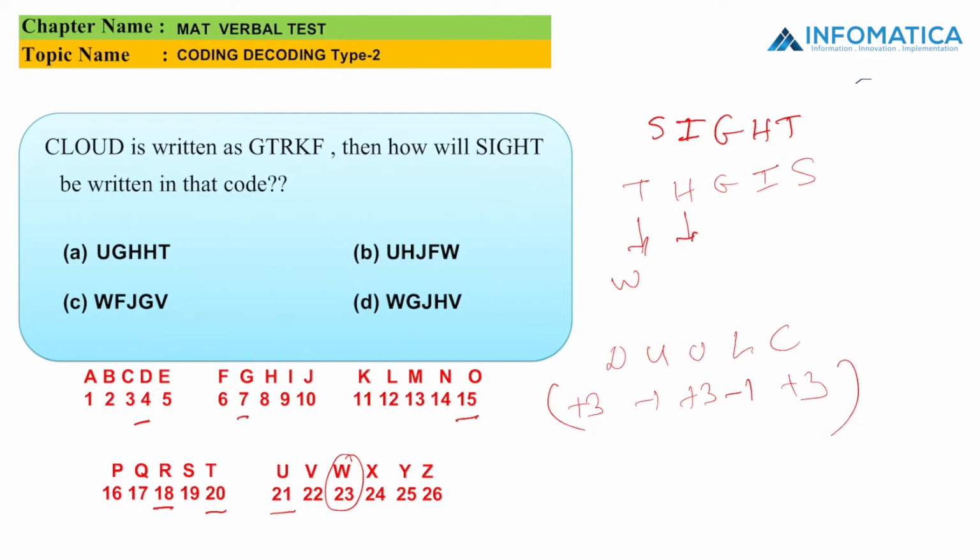So from H, when I go 1 step behind, I go to number 7, which is G. If you look carefully at the options, we can understand that option D is having W and G. So I can clearly say that option D is the right answer, which is W, G, J, H, V.